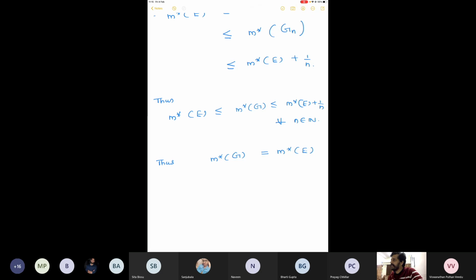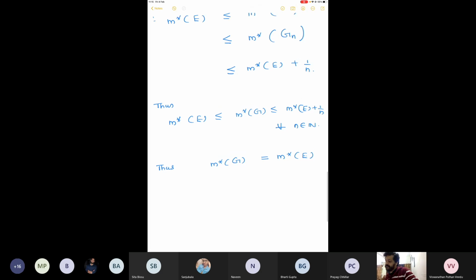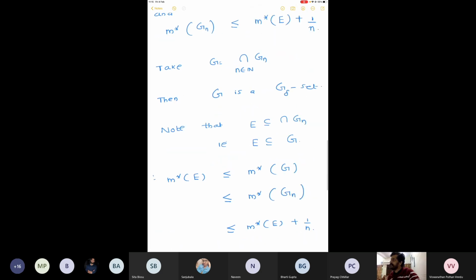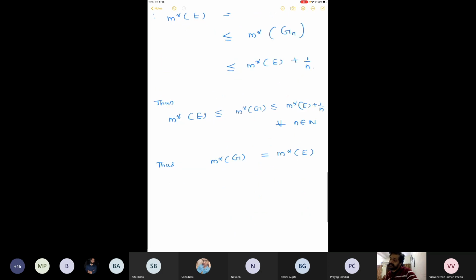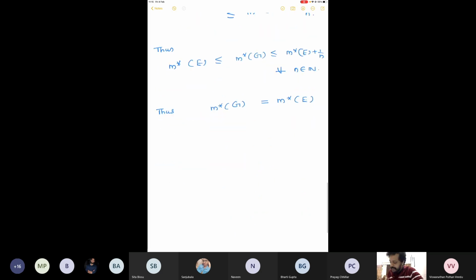So G is something like a standard object, such that the outer measure of the standard object exactly matches the outer measure of the arbitrary object E. So open sets are like standard objects, G delta sets are like standard objects, and so on. But starting from open intervals, you can go to open sets, then G delta sets.